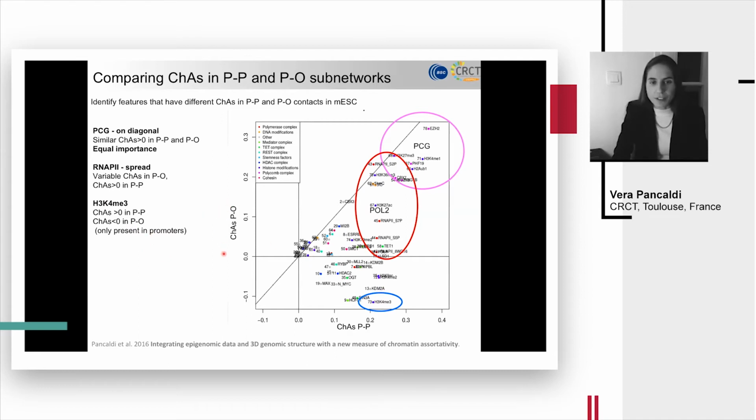Whereas in the promoter other end interactions, because one of the two sides of this interaction is another end that will not have this mark, we see negative assortativity. So if you want, this is obvious, but it helped us understand that actually using these plots and this metric, we could actually study what are the principles that might be behind chromatin organization.